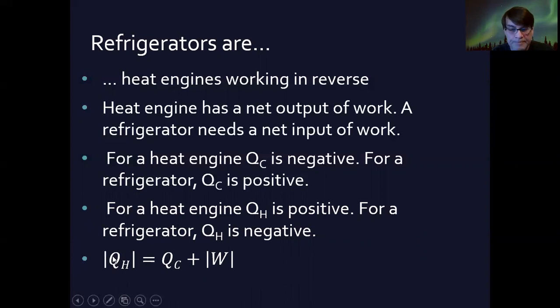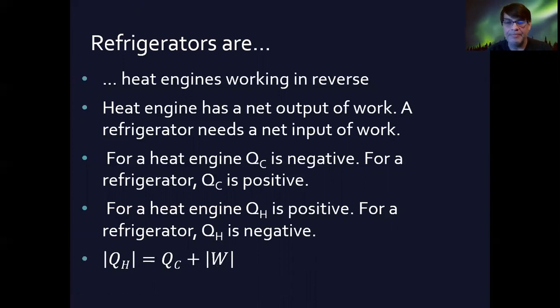For a refrigerator, the heat you're throwing outside the house from the air conditioner, or outside the refrigerator, that Q hot, is going to be the sum of the heat you're pulling out of the refrigerator or out of the house, which is positive in this case, plus the work you're putting in for that to happen.